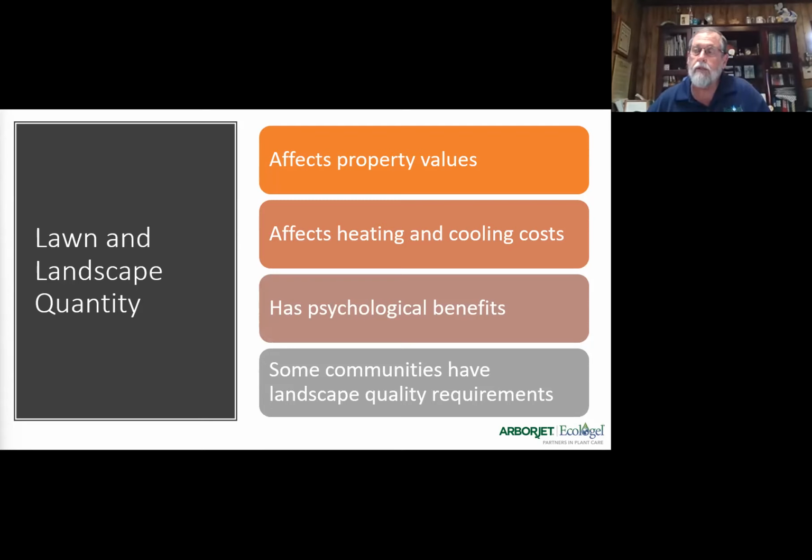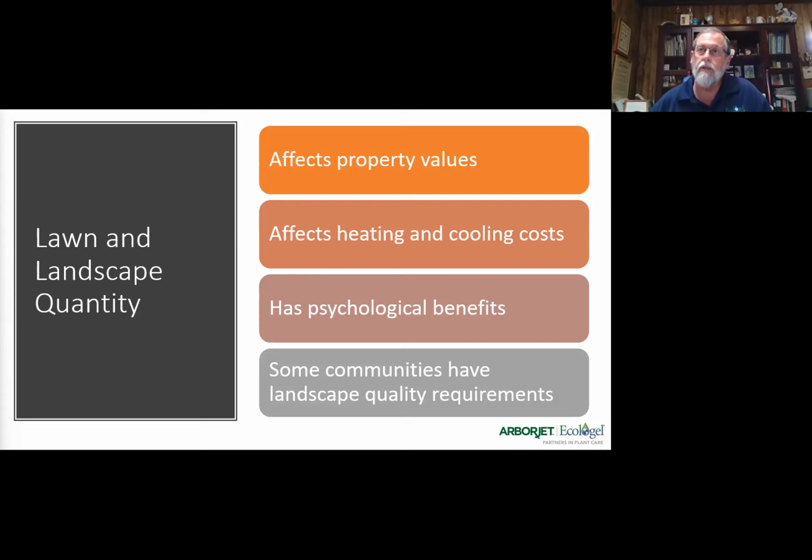We'll see in places in the West like California, Nevada, Utah, Arizona, that the effect of nutrients and how it creates a high quality landscape affects heating and cooling costs. I was involved several years ago in a seminar that talked about the psychological benefits of a proper turf and landscape. And then some communities also require a minimum quality of landscapes in their community, some developments and things.